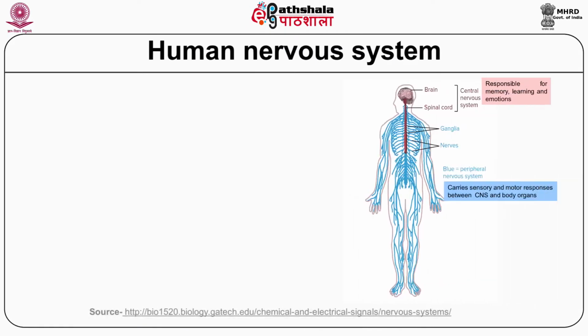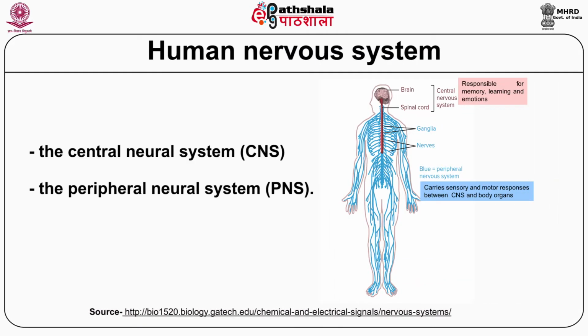The human nervous system consists of 2 major parts: number 1, the central nervous system, and number 2, the peripheral nervous system. In the central nervous system, the brain and spinal cord are the primary centers.